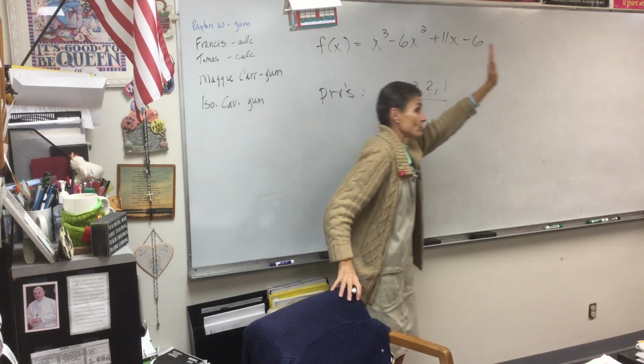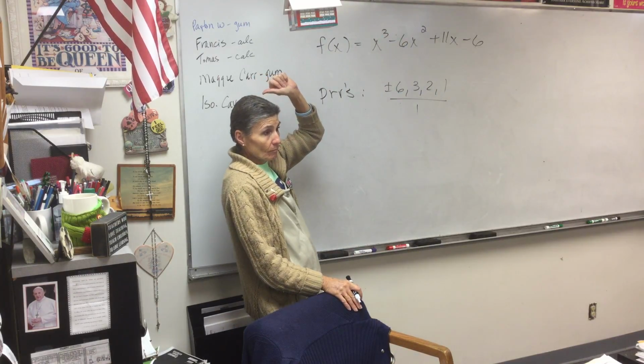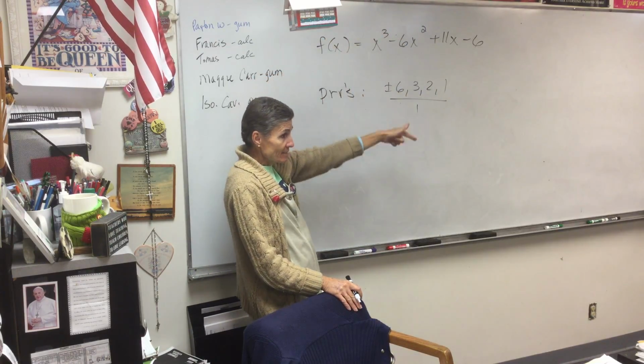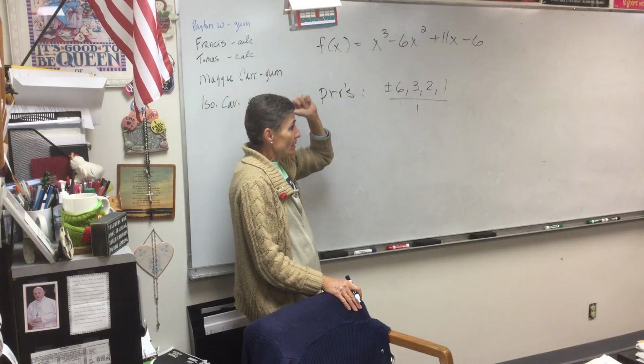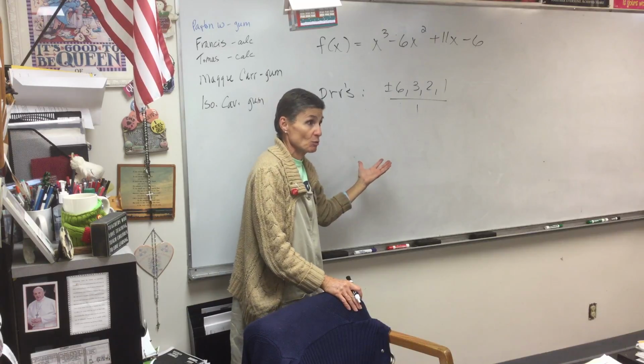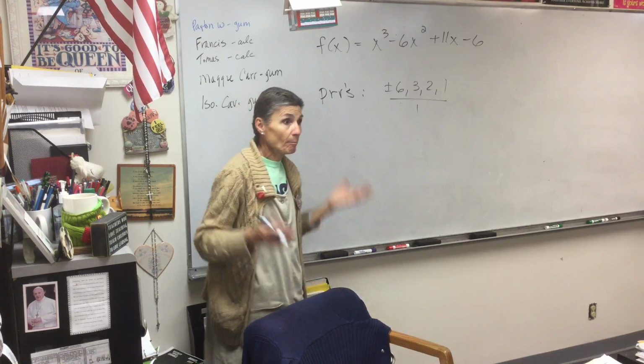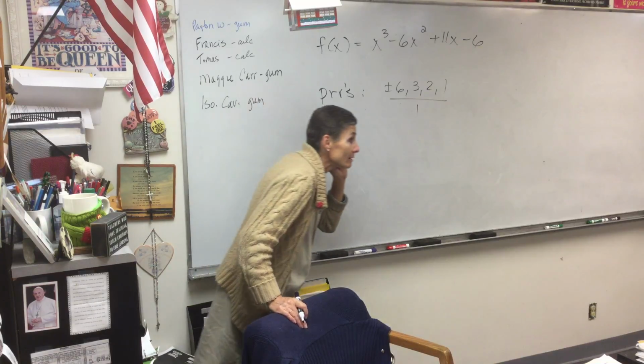It's always factors of last over first. So now your pile is pretty much the same as it was in our last example, and you're just going to guess a number.